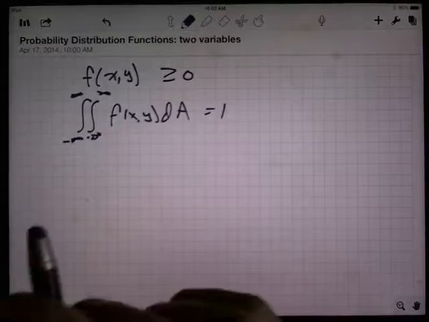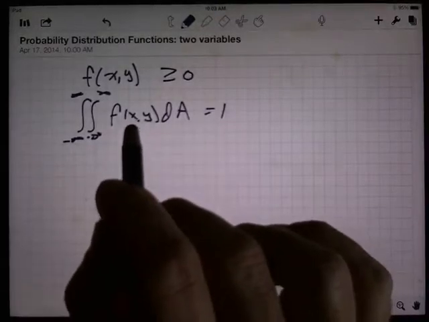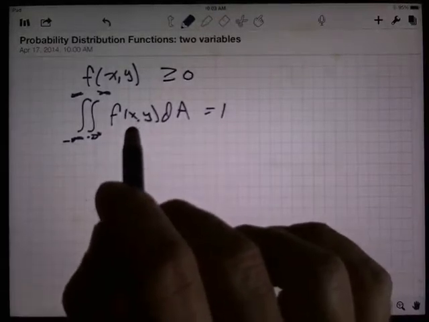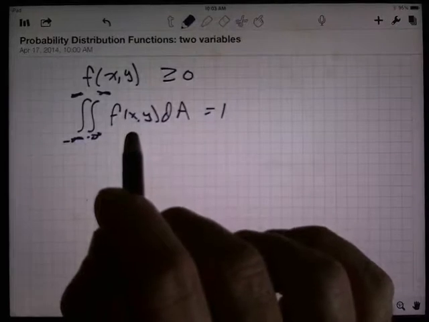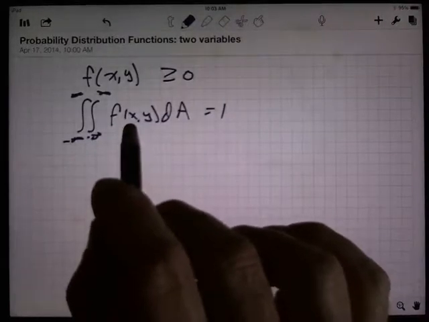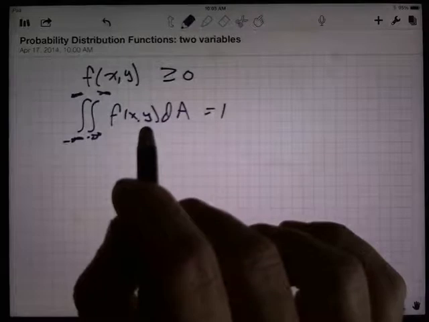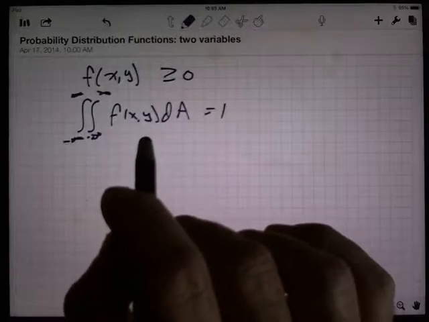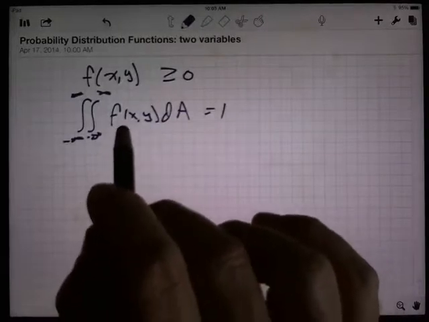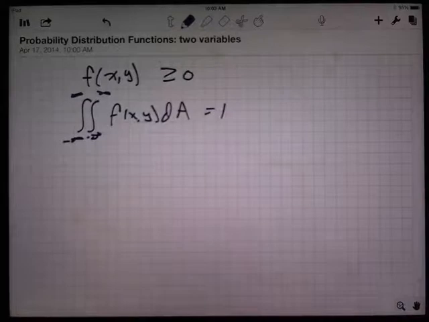For instance, let's say x was measuring the height of a person: pick a randomly chosen person, measure their height. Pick a randomly chosen person, measure their weight. So height is x and weight is y. Now both short people and tall people can be either skinny or fat, weigh a little or weigh a lot.